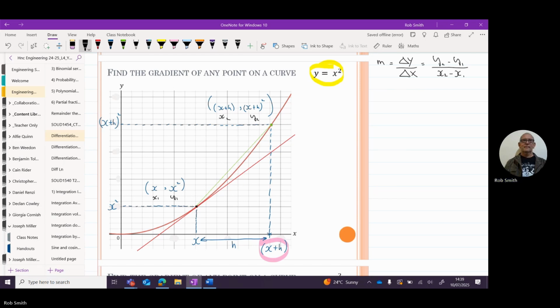So my gradient is going to equal y2, which is (x plus h) all squared, take away y1, which is x squared, divided by x2, which is x plus h, take away x1, which is x.